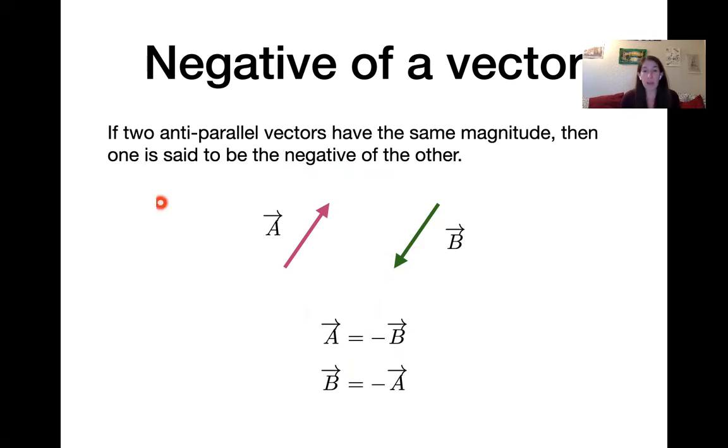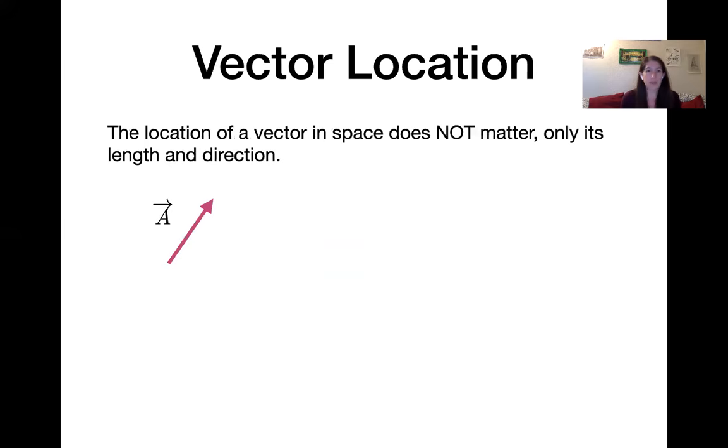And again, where I draw these vectors doesn't matter, right? It doesn't matter where they are relative to each other, only how their lengths compare and how their directions compare. So again, just to really drill this in, the location of the vector in space doesn't matter, only its length and direction.